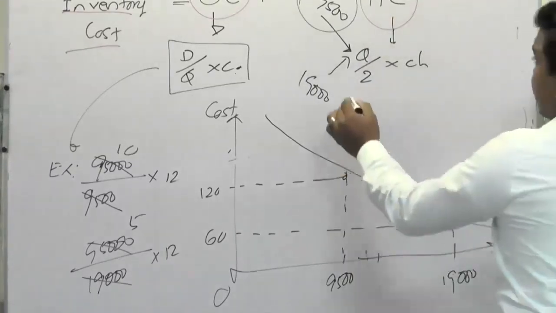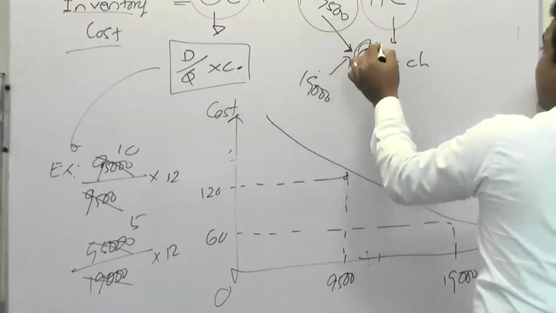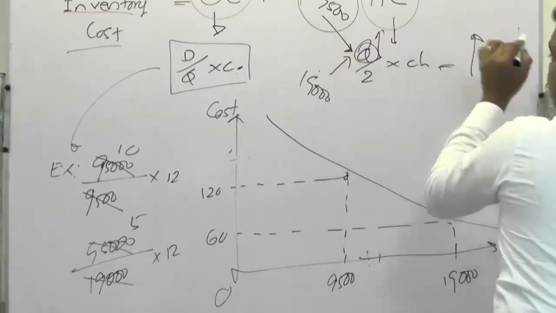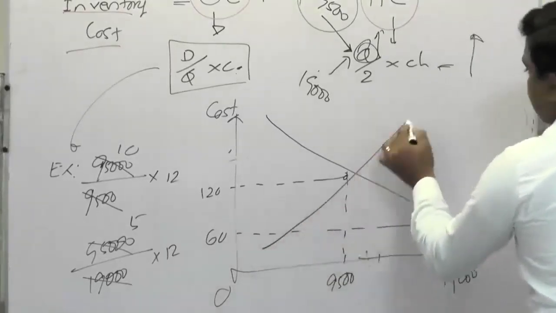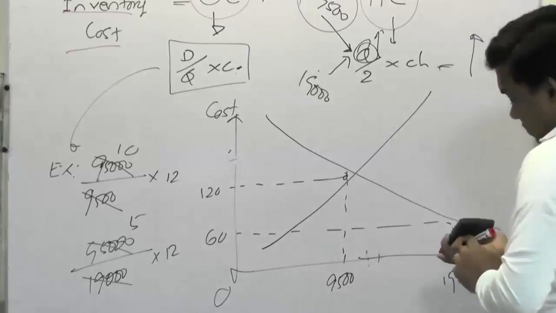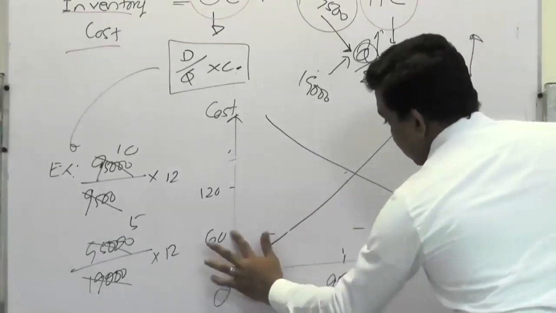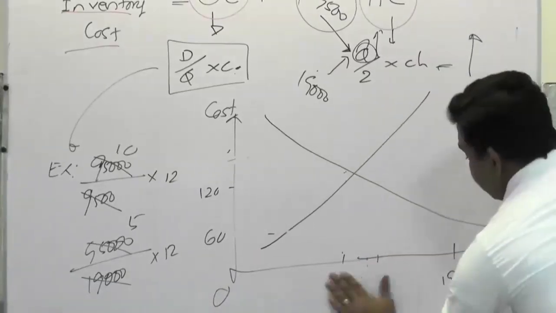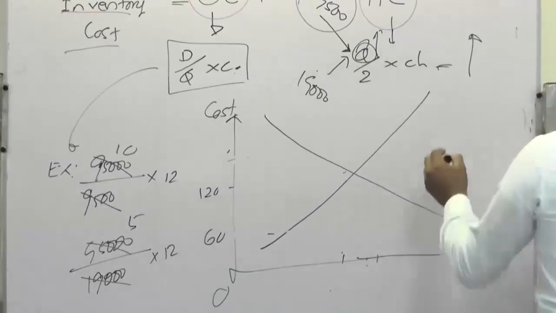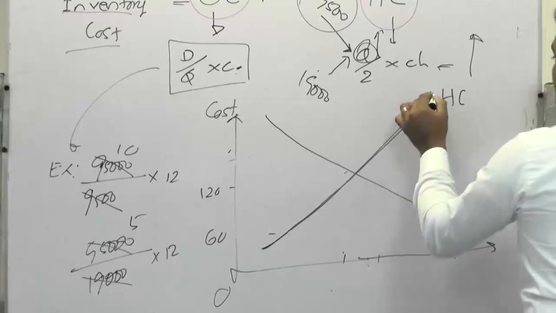Therefore, when quantity increases, holding cost will increase, because when Q increases, Q divided by 2 will increase. Therefore, your holding cost increases like this. Now, you can see the behavior of both costs, right? Holding cost increases according to the quantity you order.